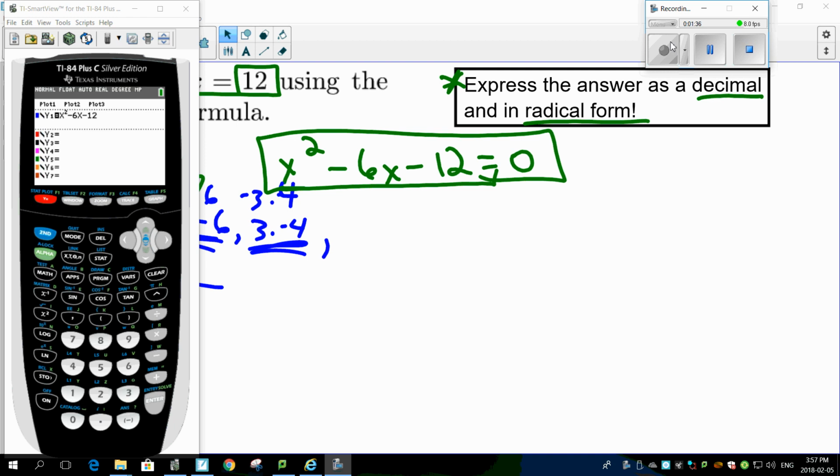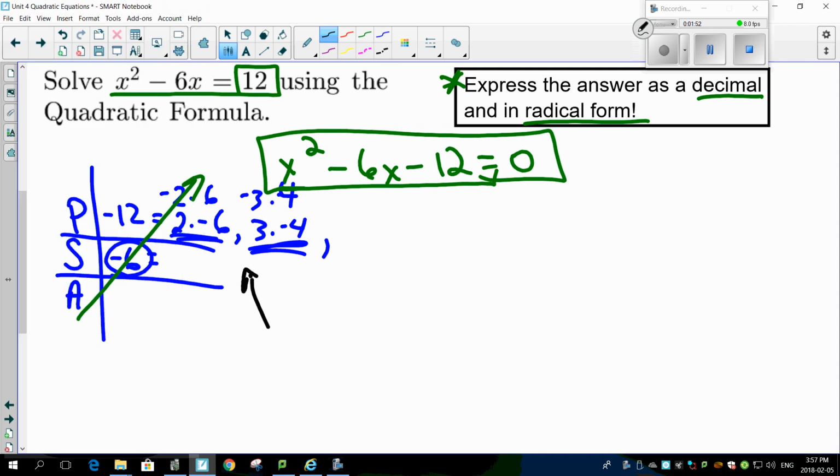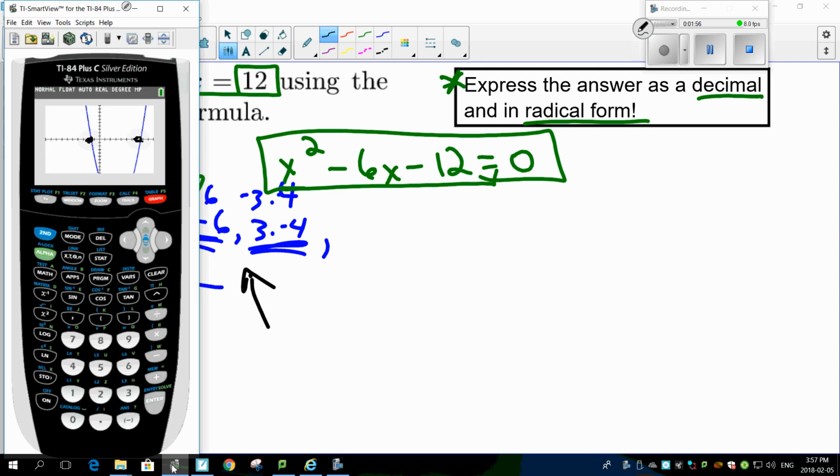And I just happen to have the formula in the calculator already. Hit graph and look. You in fact will have 2 roots. You'll have a root here and you'll have a root here. Even though it doesn't give you a possibility of doing it this way through PSA, there are in fact 2 roots. The graph does not lie. The only difference is these roots won't be pretty numbers. They'll be ugly numbers.